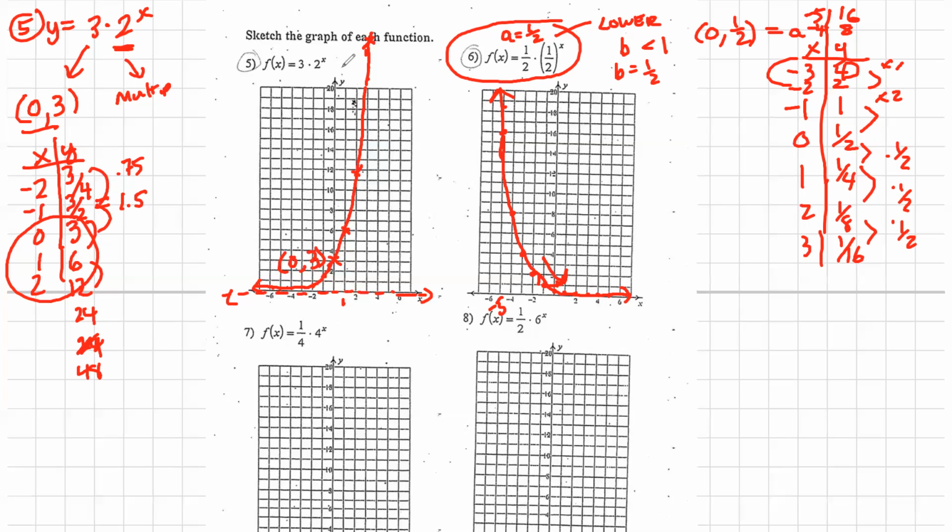Okay, so we did a growth one, we did a decay one. So given these pictures, what is this going to be, growth or decay? Okay, why is this one growth? Yeah, the multiplier is 4, right?